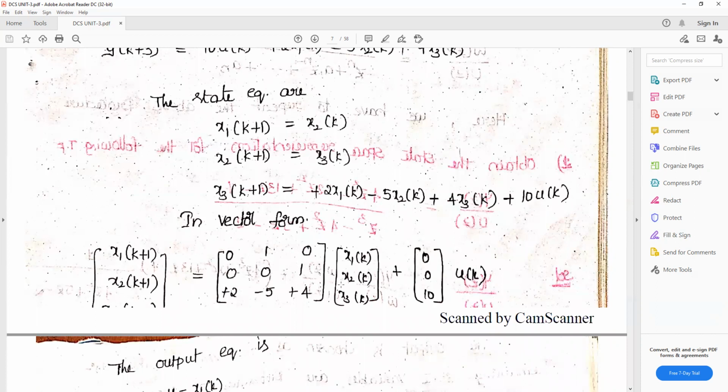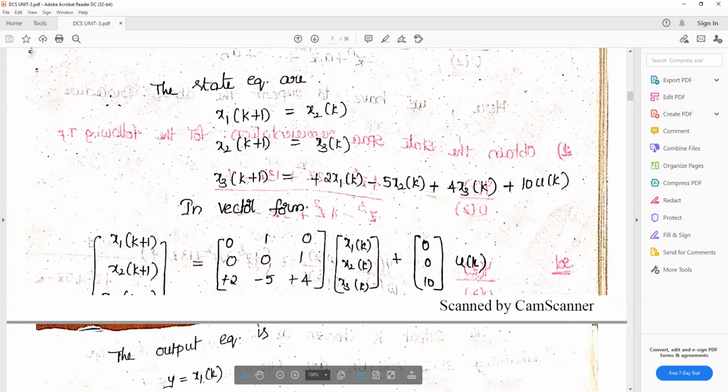So only in the x3 row, the input signal is given, remaining zeros, and the x3 of k plus 1 is minus 2, minus 5, minus 4, plus the input signal given to only x3 of k plus 1. In the state variable x3 of k plus 1, so in the third term, 0, 0, 10 into u of k.